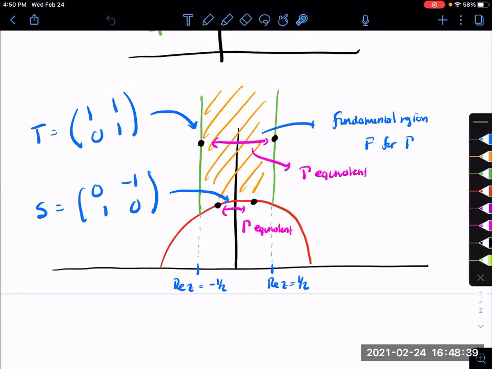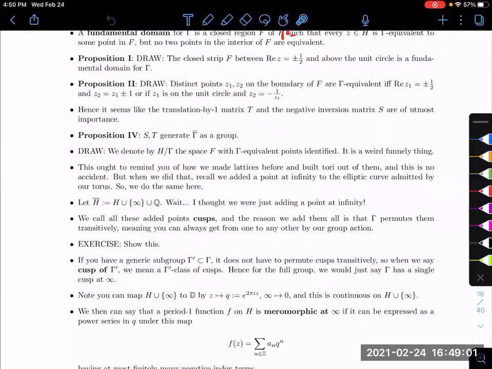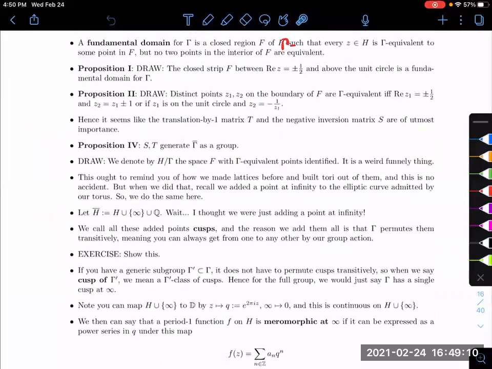You don't need any other matrices other than powers of S and T to get from anywhere in the upper half plane into this fundamental domain. And this is not totally clear, right? Once you look at the proof, it becomes a little more clear, but it's certainly initially a little bit surprising, at least in my opinion. Okay, so we're getting somewhere. We're getting some good stuff out of the way here.